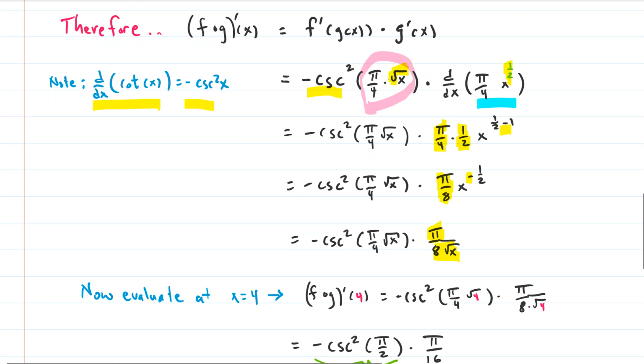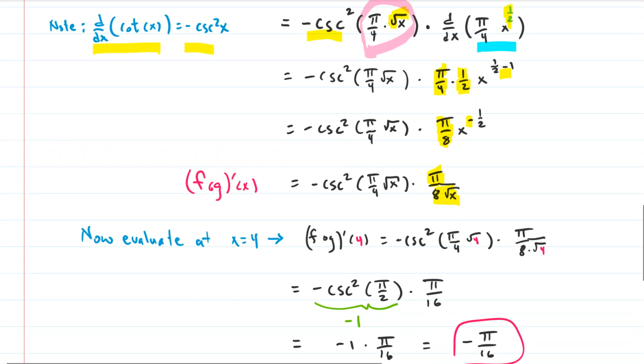Now we have found our f of g prime of x is negative cosecant squared of quantity pi 4 times root x, all multiplied by pi over 8 times root x. Now we just evaluate that at 4.